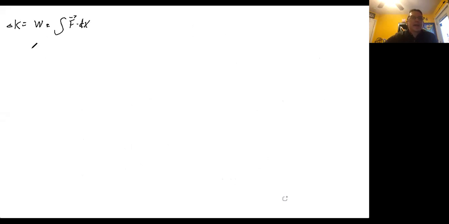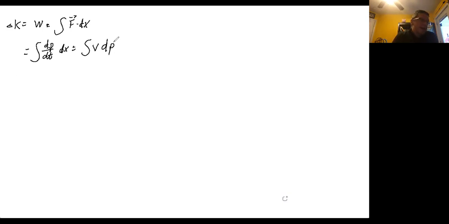And if the object is moving relativistically in the x direction, you can write the force as the change in momentum with respect to time times dx. And dx over dt is just the velocity. So you can write this as v dp.